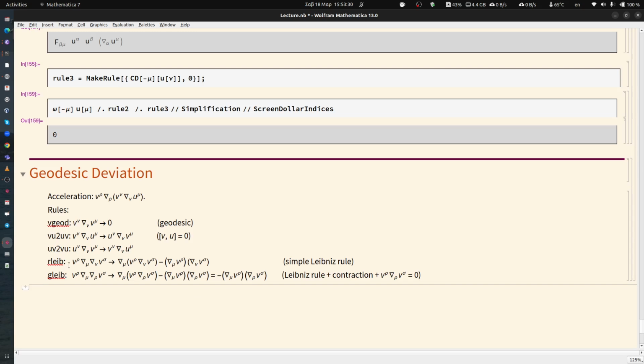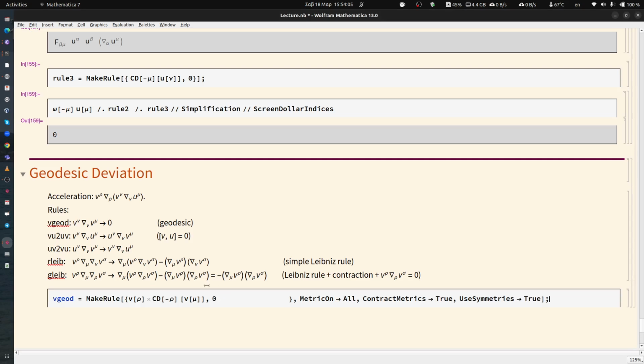So you will see that these rules must be defined explicitly with the function MakeRule in order to be applied to our expressions. So we will give names to those rules. You see them here in the first column.